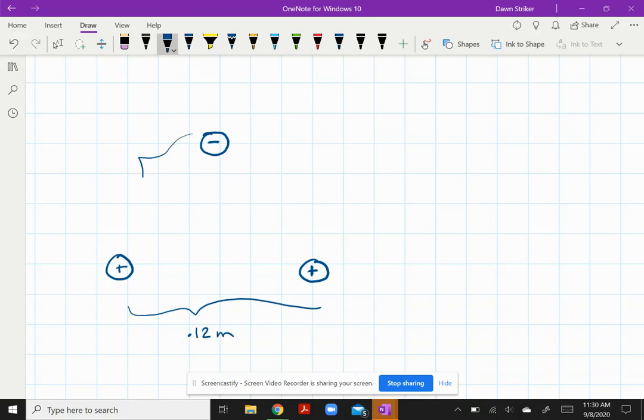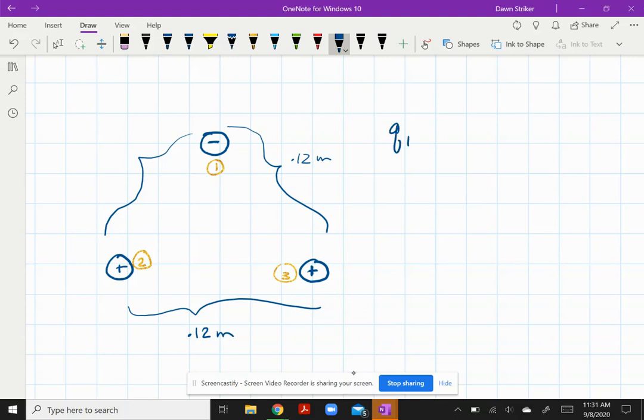And that's the same distance here and here. So 0.12 meters. And let's give these charges numbers. Charge 1 is up top, and charge 2 and charge 3 are right here. 1, 2, and 3.